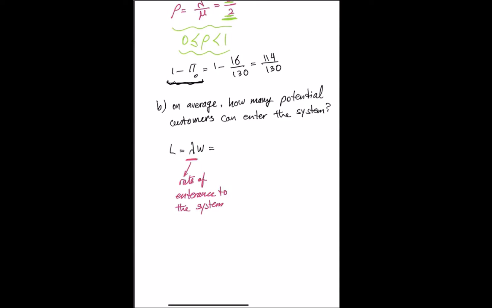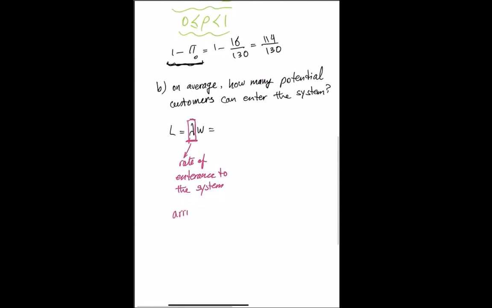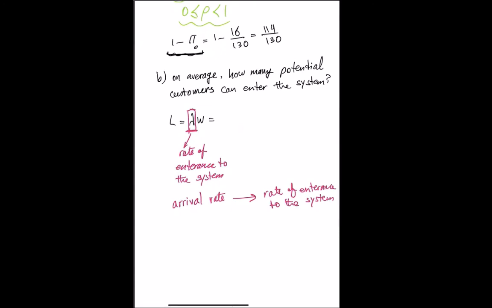And so if I want to put the rate of entrance to the system in this formula, I have to calculate it, given that I have the arrival rate. That's where we said we are going to multiply lambda by 1 minus pi c, because that's the percentage of the time that the system is not full.